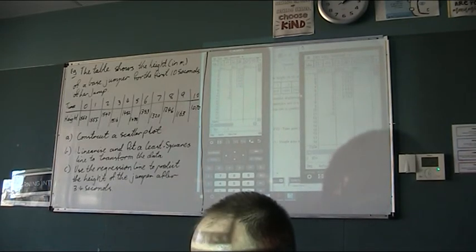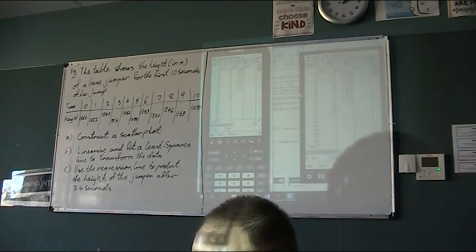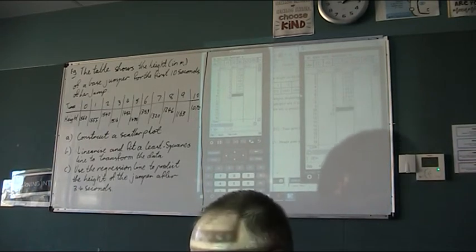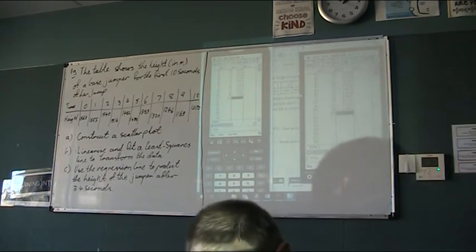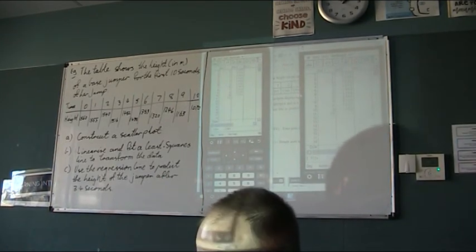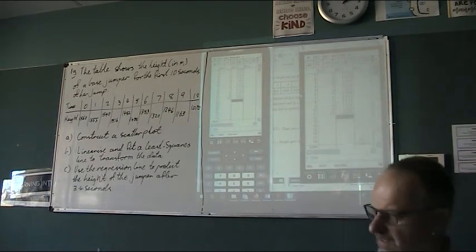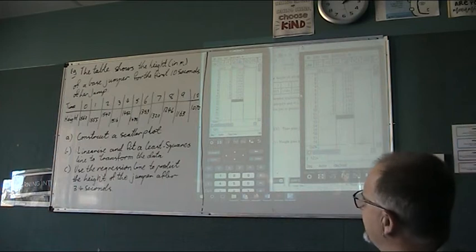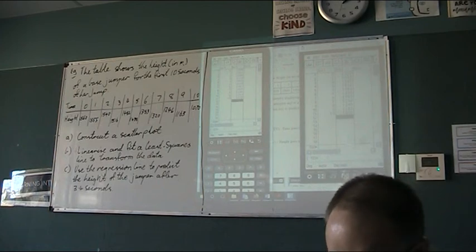Eventually we'll get there. Should have prepared this early, but anyway, we'll manage. So in list 1 we've got the time, list 2 we've got the height above the ground, I'm guessing.